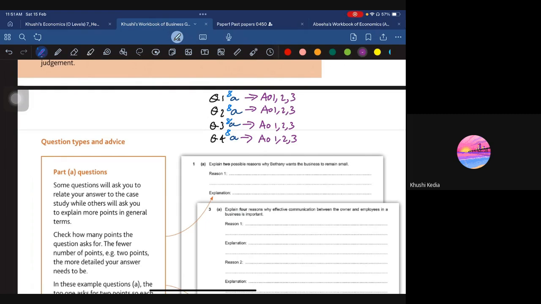And usually, how much time do you think we should give to an eight marker? 8 minutes. So if you give about 8 minutes, it means that you have spent about 32 minutes here.